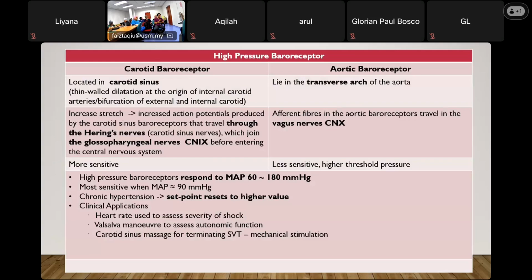The heart, vasculature, and one more organ: the kidney. What happens to the heart? We increase sympathetic activity: chronotropy and inotropy increase, lusitropy, so heart rate increases.